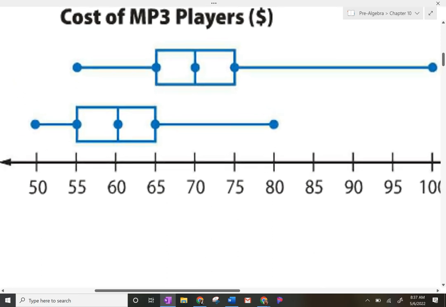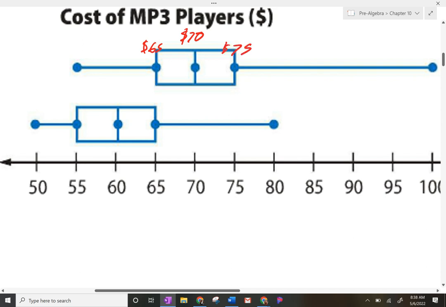So let's look at the top one. What's the average price for that top? What's the mean price? 70. Okay, the average price is 70. For the interquartile range, for the majority of them, it'll be between like $65 and $75.